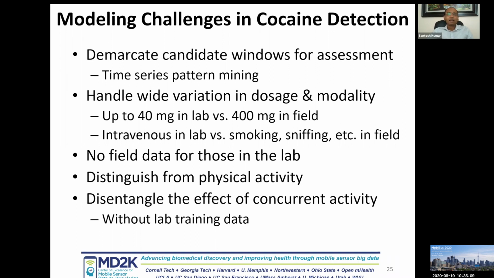So the solution we had for stress, that when there is physical activity we suspend the assessment of stress, will not work here. We need to account for the effect of concurrently happening physical activity and still be able to say when there is sufficient cocaine in the bloodstream.